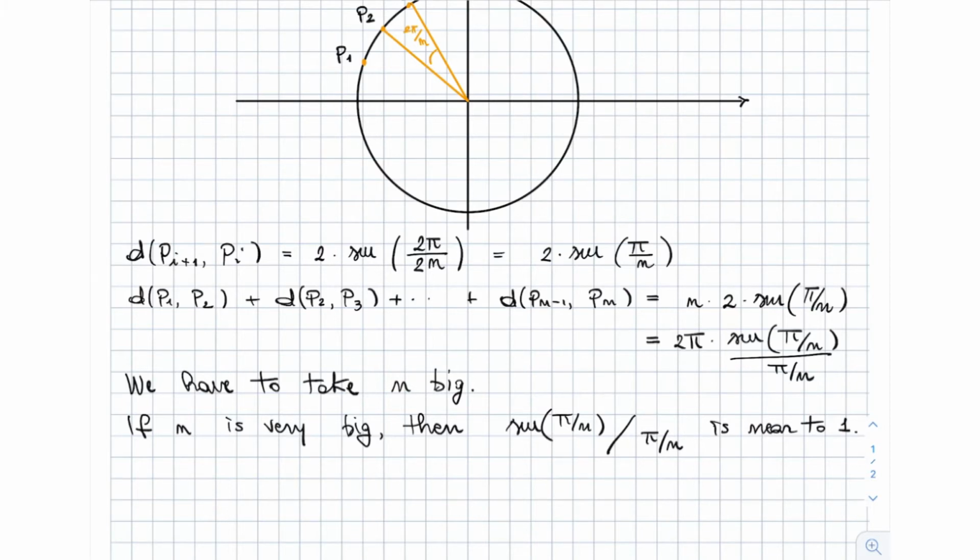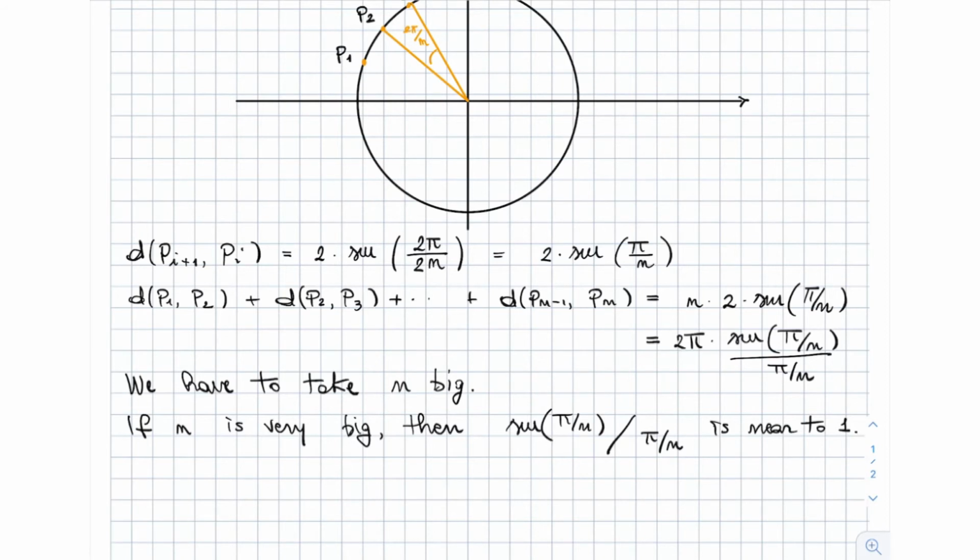And this will tell us that this sum here, as n increases, reaches 2 pi, which is exactly what we want, because we know that if the circle has radius 1, then the circumference has length 2 pi. Now, when n is very, very big, pi divided by n is very, very small. It approaches 0.